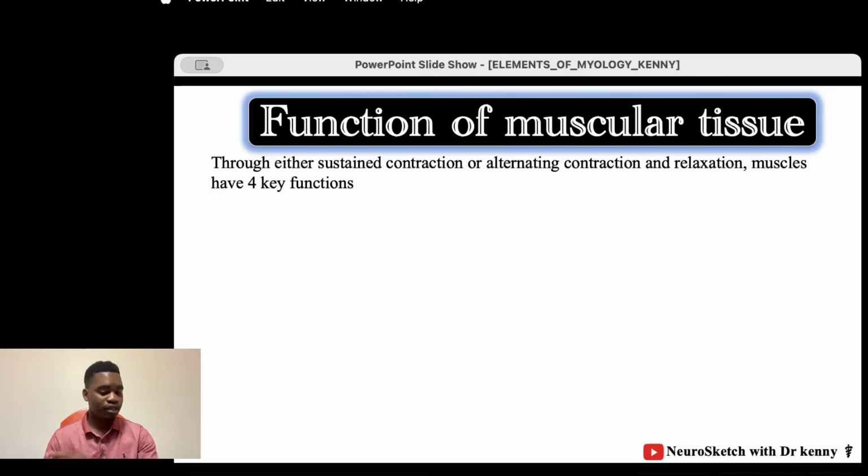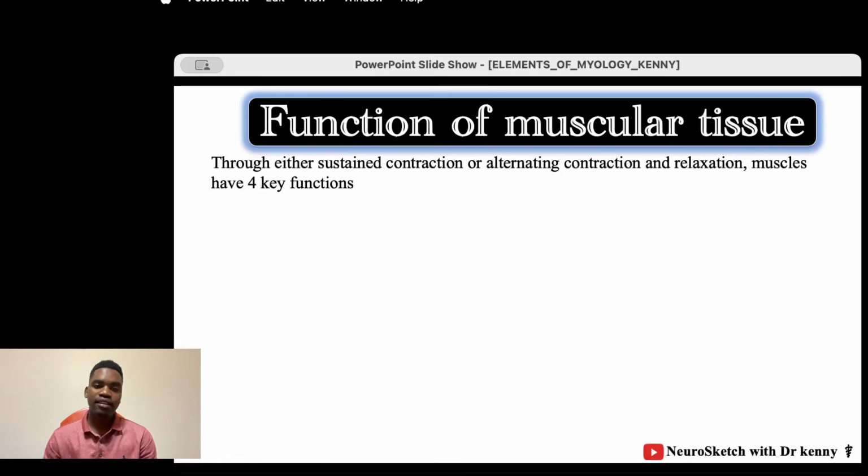The muscular tissue has four key functions, and these depend on whether the muscle works through a sustained contraction or through an alternating contraction and relaxation.